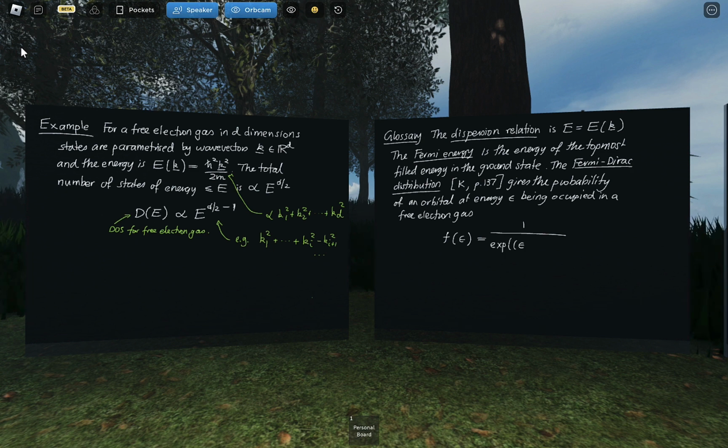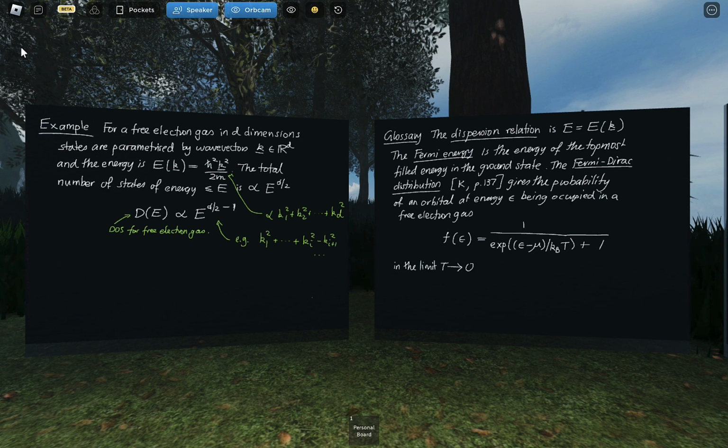Here's the formula. So epsilon, the energy, minus mu, I'll say what that is in a second, and then this is +1. I'm not going to justify where that comes from. That's another talk. But I will note, that's the temperature, T. Kb is the Boltzmann constant.